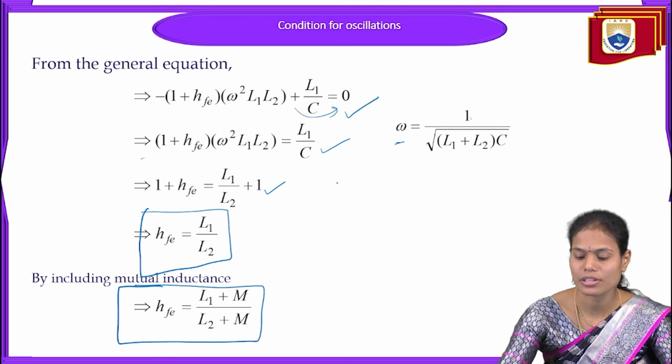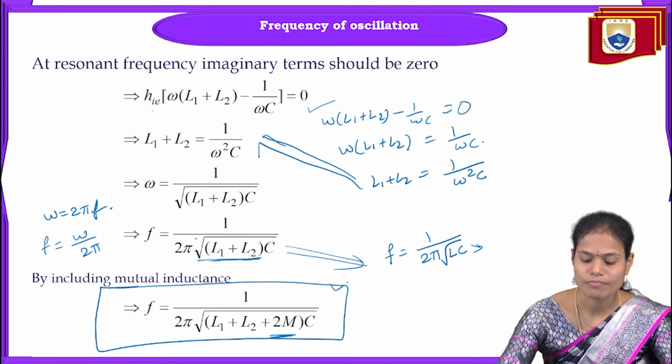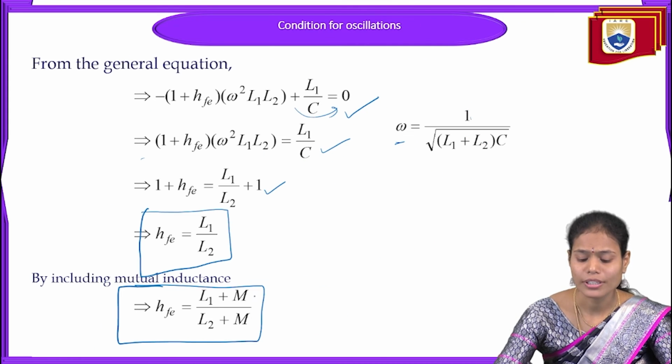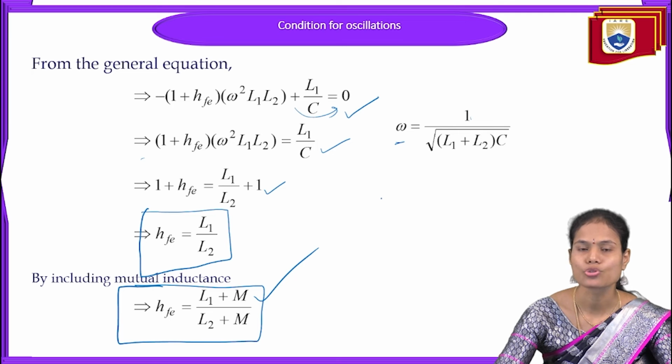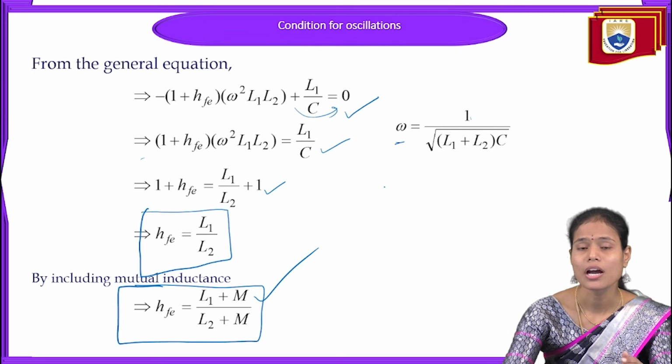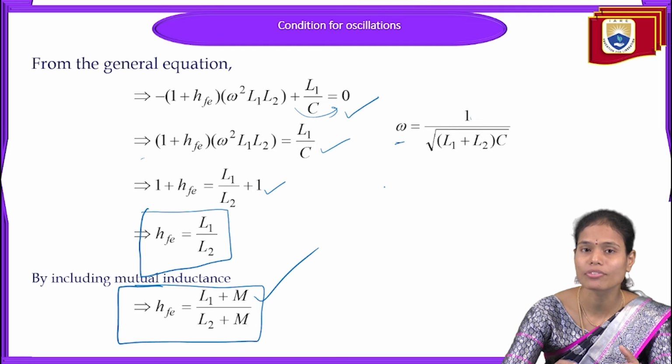For any oscillator we have to derive these two parameters: the gain, which is how much gain the amplifier of the oscillator is providing, and the frequency of oscillation, which indicates at what frequency range the waveform is generated from that oscillator circuit.